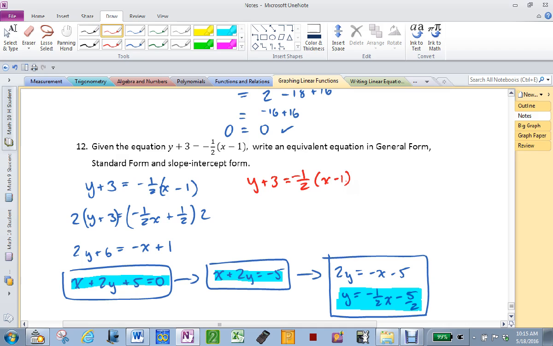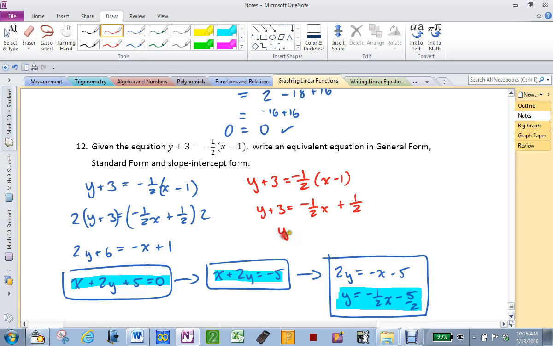Please notice that you could go from here almost directly to slope-intercept form, just by getting rid of the brackets. y plus 3 equals negative 1/2 x plus 1/2. Then you're just subtracting 3 from both sides.